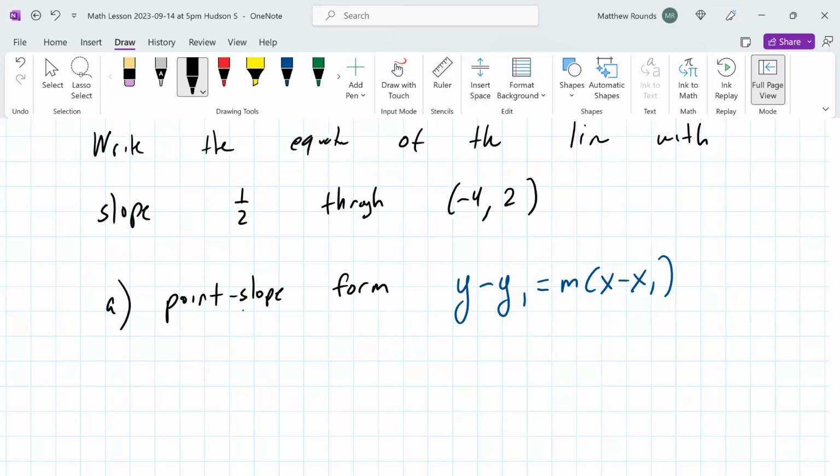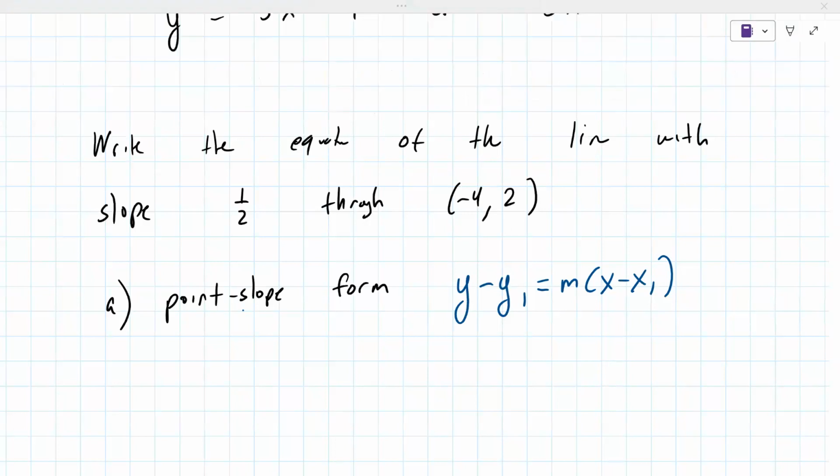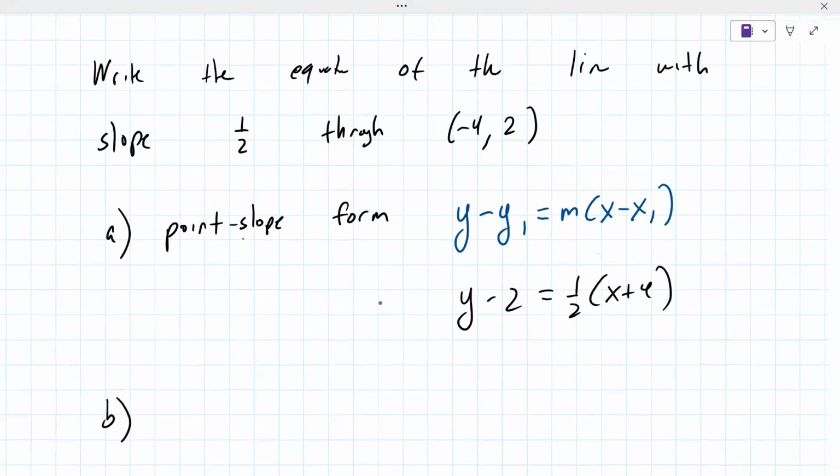Hey, I got y minus 2 equals 1/2 times (x plus 4). Okay, very good. So now the next part of this, part B, would be to put this equation in slope-intercept form.